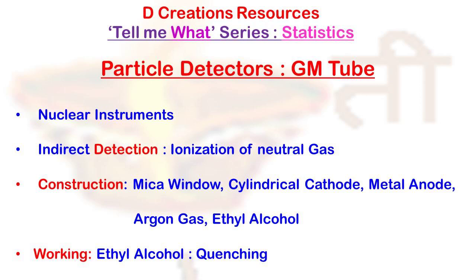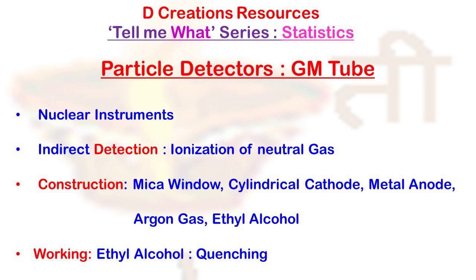It could be charged particles such as alpha particles, beta particles, or it could also be gamma rays, etc. Now, obviously, we can't see these, so we can't detect them directly per se, but they need to be detected by indirect ways. Now, how to go about this indirect methodology? So, for that, we make use of some instruments.